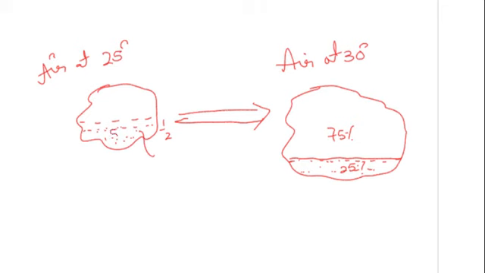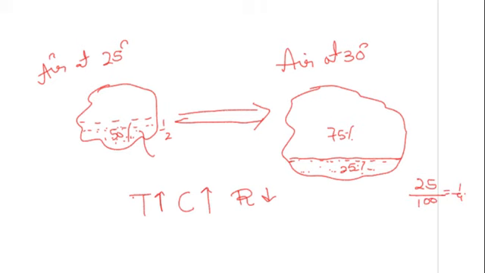Here, half was filled. So with temperature increase, capacity is increasing, and relative humidity is decreasing, because 25 by 100 is 1 by 4, that is 25%.